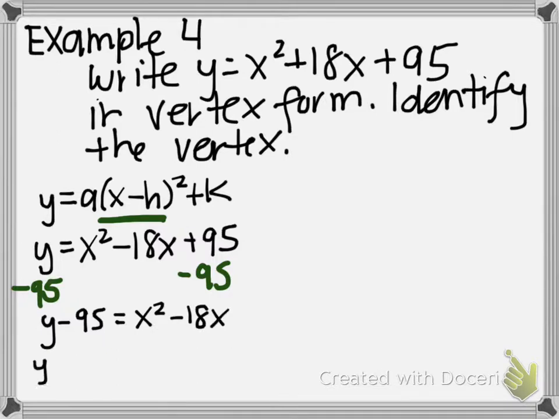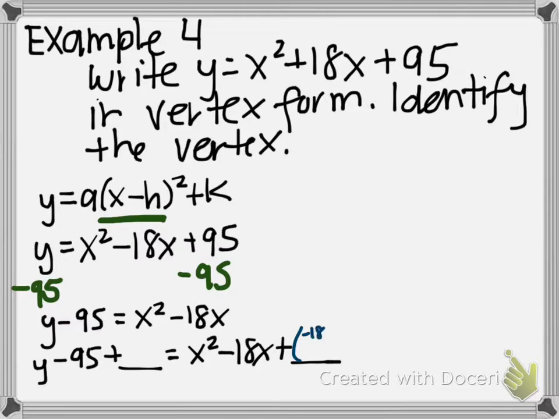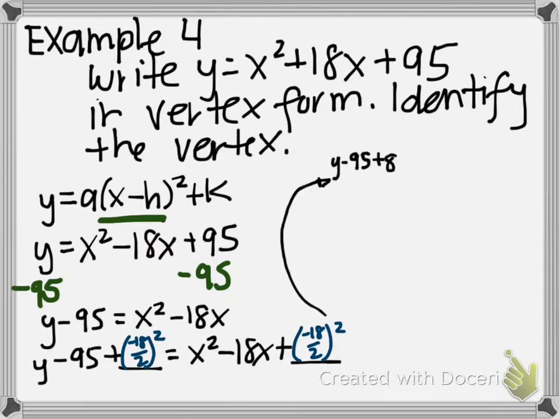Now again, I want to find that third term that fits in that spot, so I'll make some spaces here, knowing that whatever I decide to add here, I'm going to have to add over there. And so again, same thing, I'm taking the middle term. I will divide that by 2 and square it. That same value goes on the other side of the equation. And then we'll get something that looks like this.